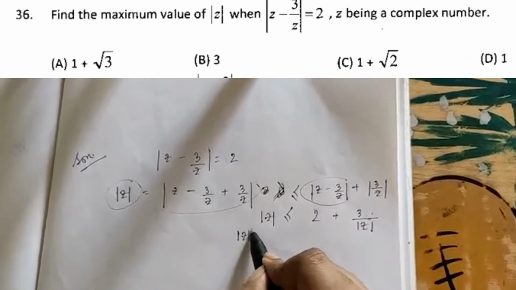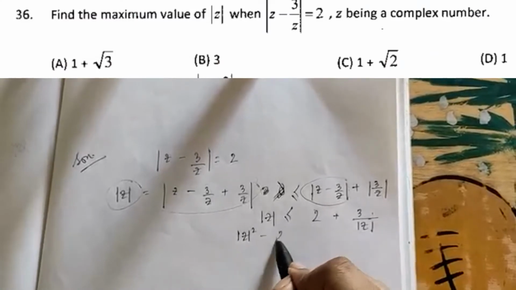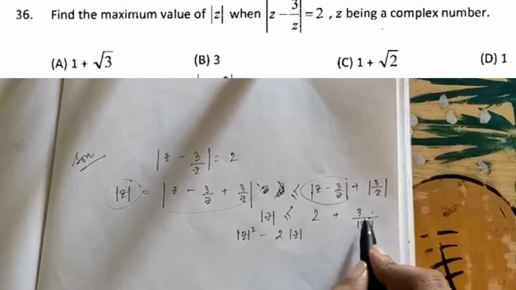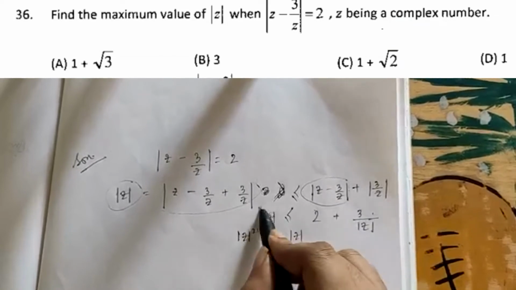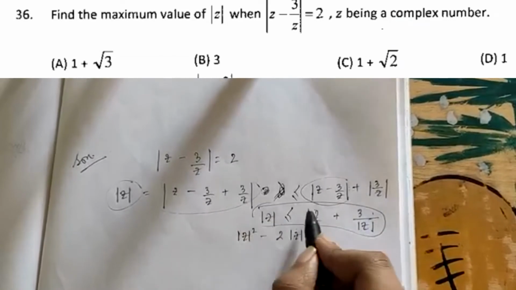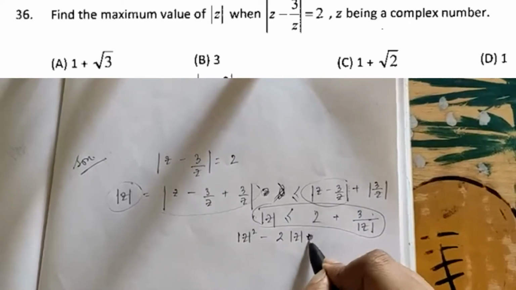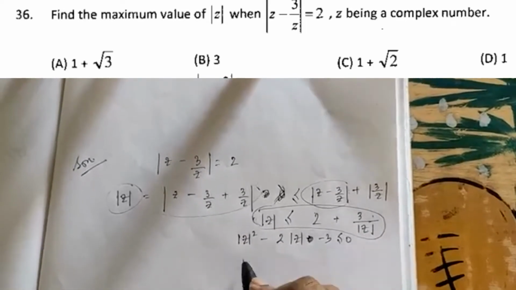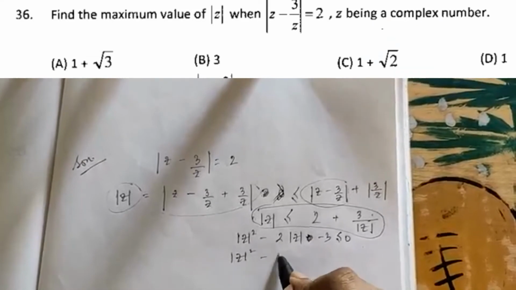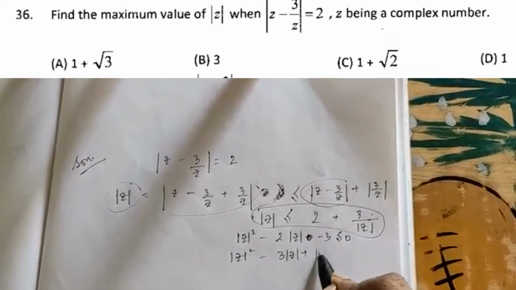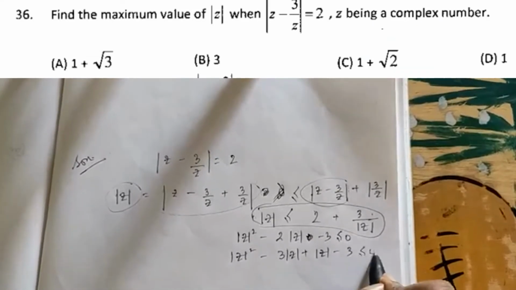Now doing this, I am taking this entire equation and solving it by making it a quadratic in terms of mod Z: mod Z square minus 2 mod Z minus 3 is less than or equal to 0. So mod Z square minus 3 mod Z plus mod Z minus 3 is less than or equal to 0.